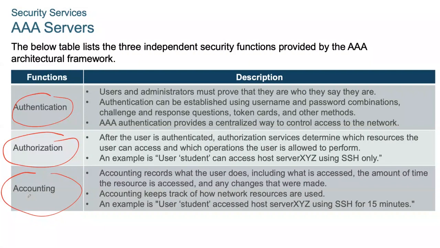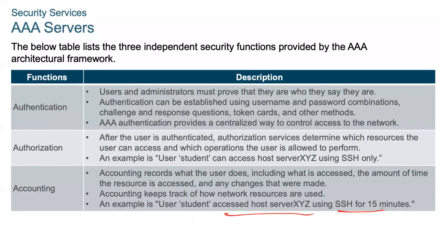So accountability will be there. For example, a student accessed the host server using the SSH service, using this port number, for 15 minutes. So these three are most important: authentication, authorization, and accounting.